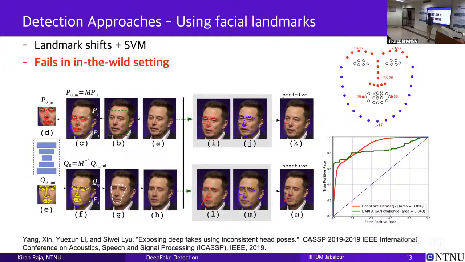So here you see that there is an actual person, and then there is the face detection, and then there is the landmark detection, and then you have the landmarks here, and then I get another landmark for a different person, which is a manipulated image, and the landmarks of this and this should be in close vicinity. x1 minus x2 should be close to, let's say, a delta.